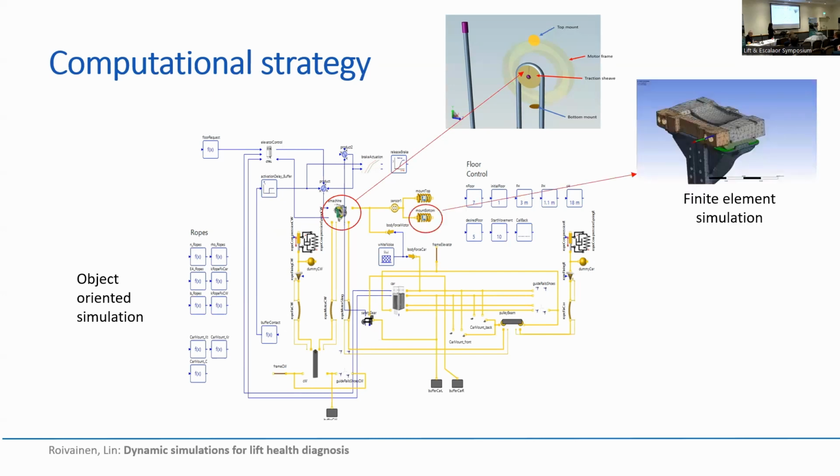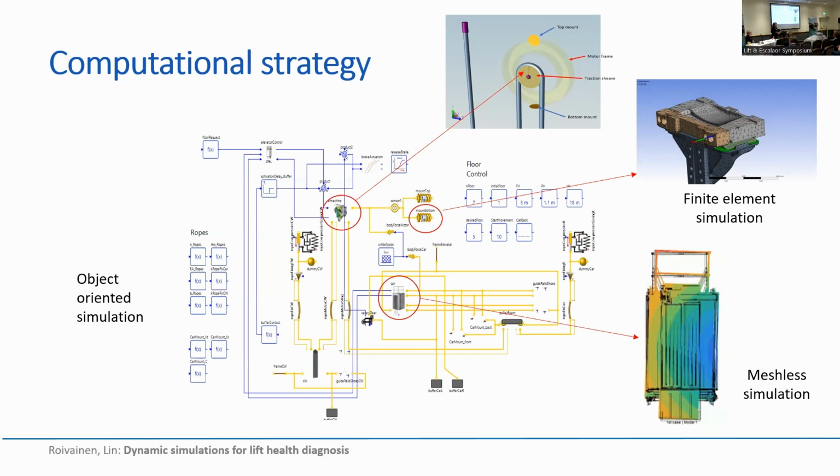For the flexible part, we wanted to understand and calculate better the inertia tensor, stiffness, and damping tensor in 3 directions. And we use a finite element solution for the bed plate, which is the part connecting the machinery to the guide rail and isolating the vibration from the machinery to the guide rail.